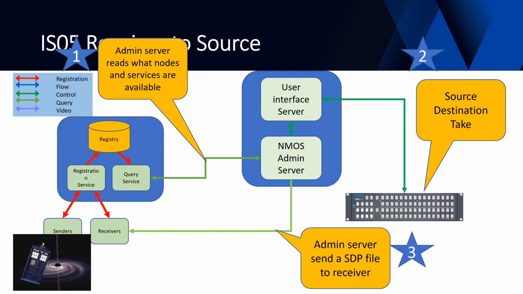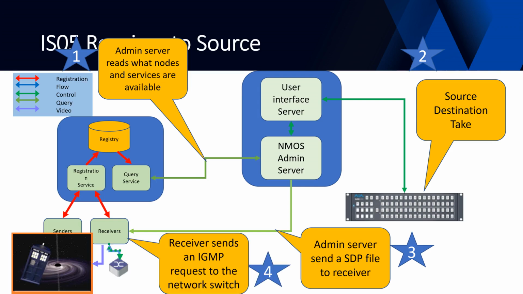The admin server is then going to issue that SDP file, that session description protocol file, to the receiver. The receiver will then do the IGMP join, and voila, you get the video. Now, this happens in microseconds, folks. It is done all the way through the whole chain. It is incredibly quick.